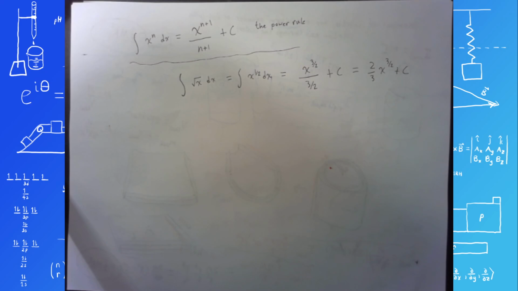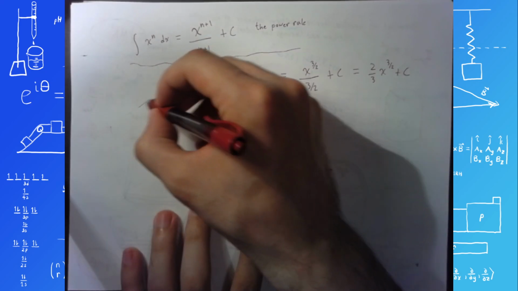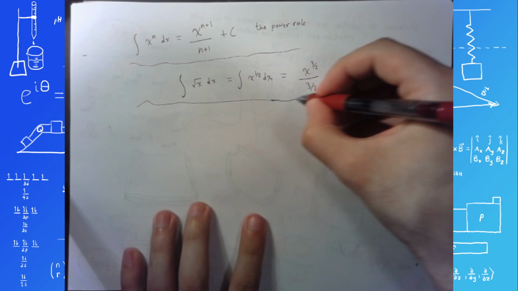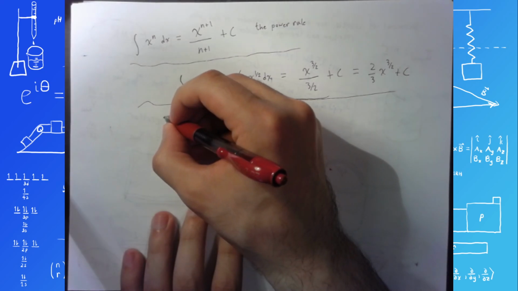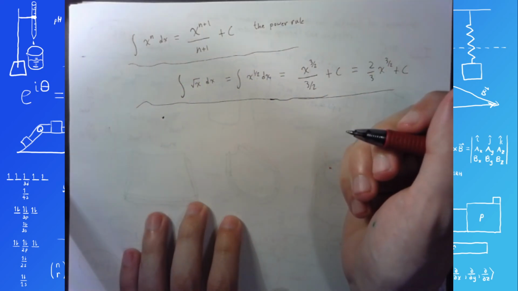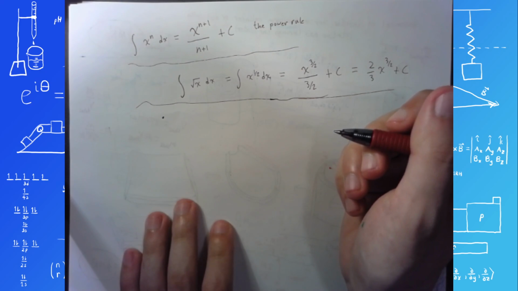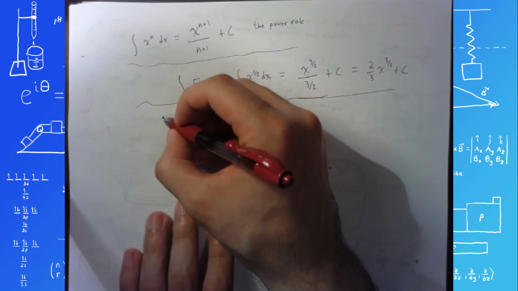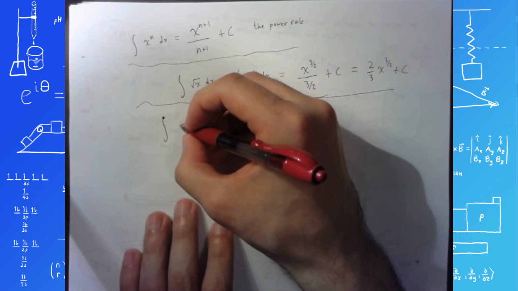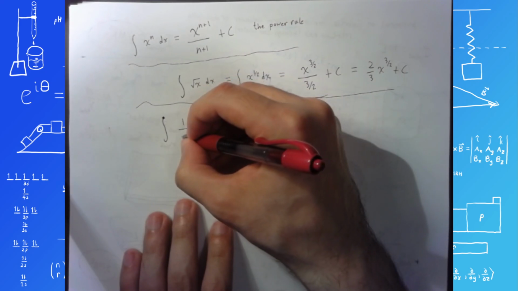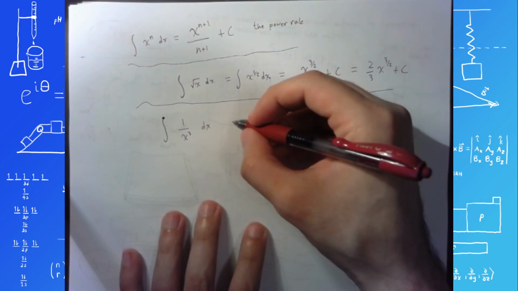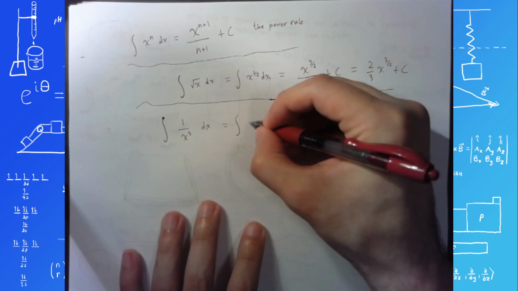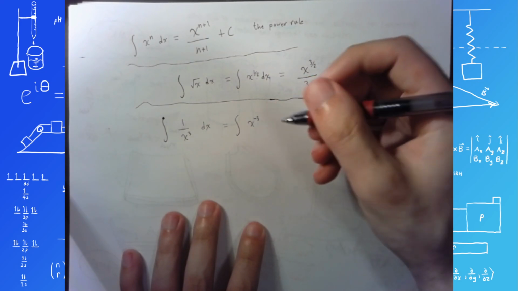It also works for negative exponents. So you could do something like, let me think here. You could also do something like 1 over x cubed, for example. You could rewrite this as x to the -3.